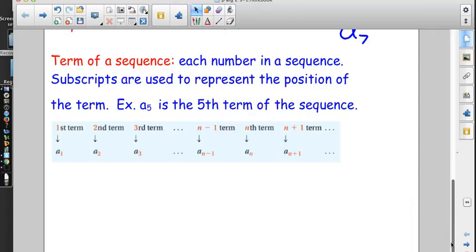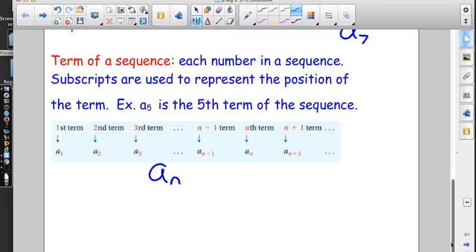And you can see here they've got first term, second term, third term, etc. And then it gets a little weird. N minus 1. The n minus 1 term. What on earth are they talking about? They're saying we had some term, any term, and this one is one less. So that means that's the term before it.